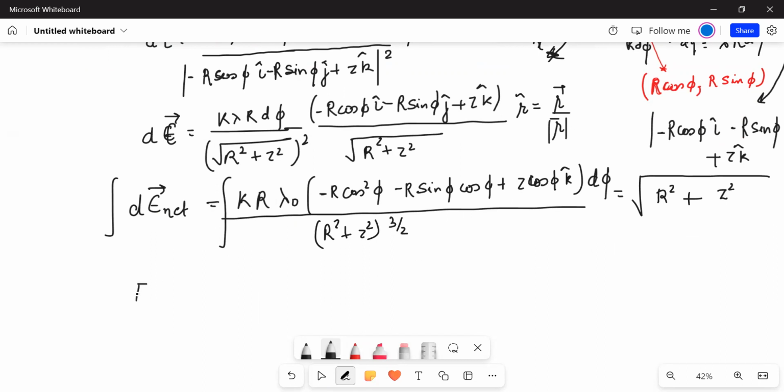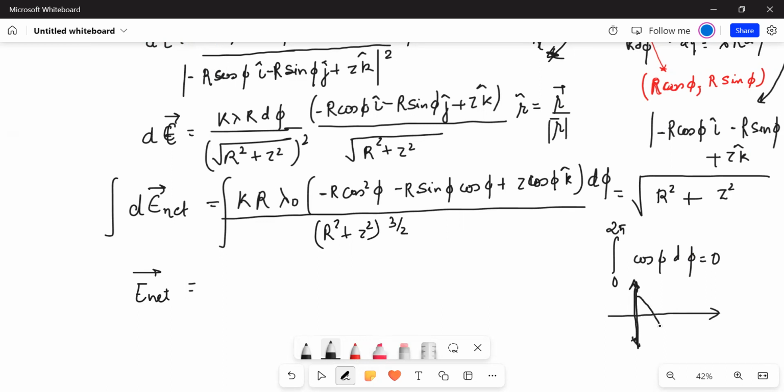Okay, so your net electric field. Now if you want to cover the entire ring, you have to integrate from 0 to 2π. Whenever you integrate cos φ dφ from 0 to 2π, it will always be 0. Why? Integration represents the area under the curve.